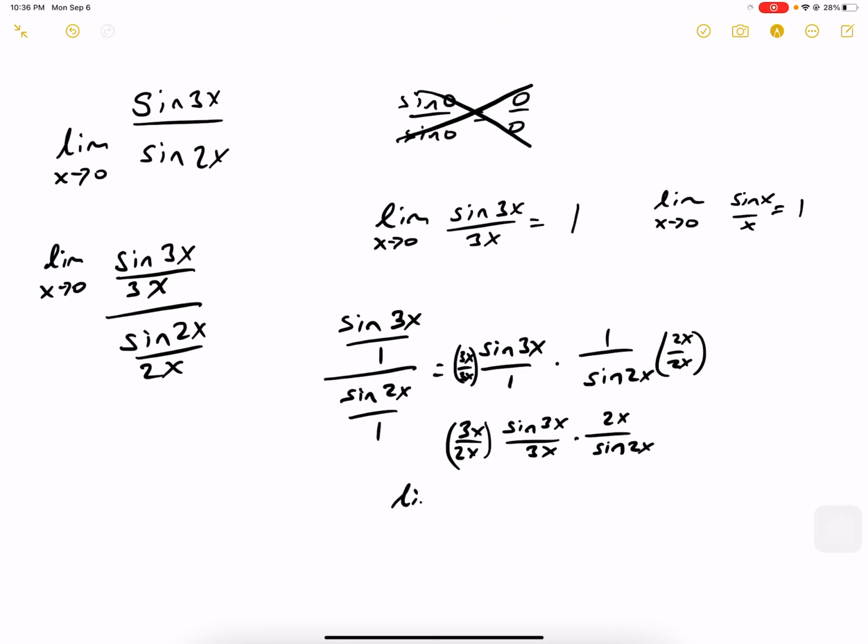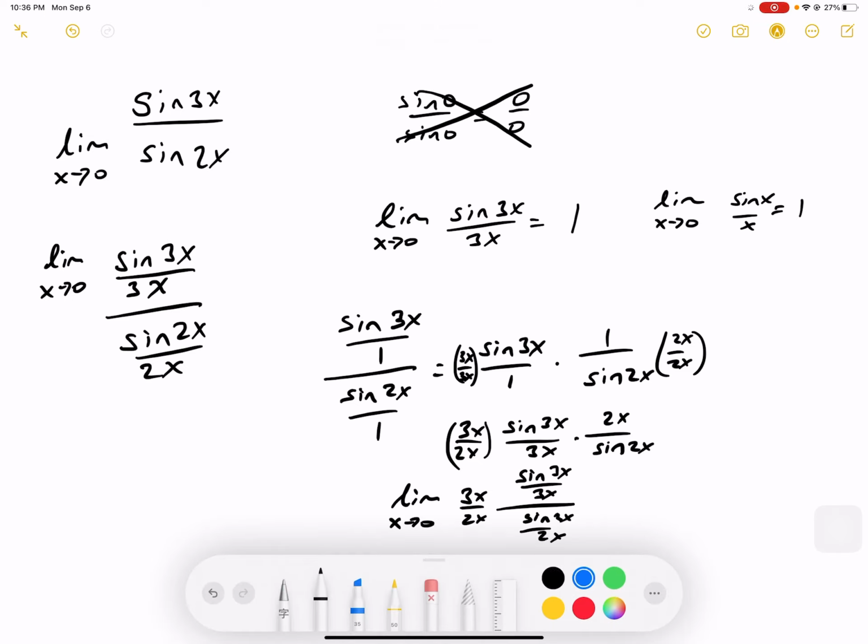Let's rewrite here: limit as x approaches 0 of 3x over 2x, and then we can write this as sine of 3x over 3x, all divided by sine of 2x over 2x. If you want to take a look at this, if we simplify this, these guys would divide out, these guys would divide out, and we still would have sine 3x over sine 2x.